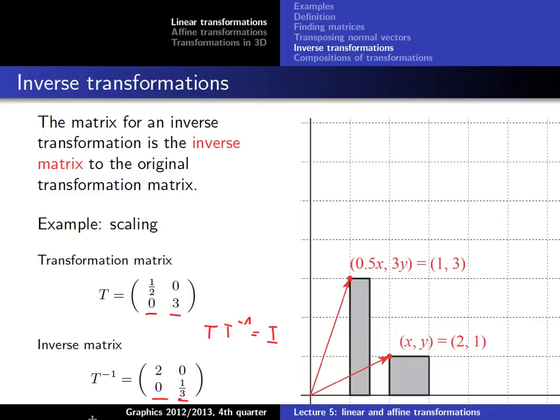And this is not a coincidence, but this is always the case: when we take a transformation matrix, calculate the inverse of it, and then apply it to the object, we get exactly the reversed operation. We end up exactly with the original object again, because it is the one-to-one counterpart, or exactly the opposite, of the original transformation.